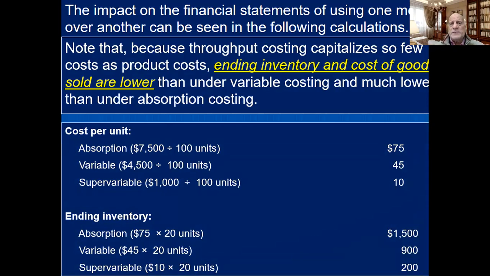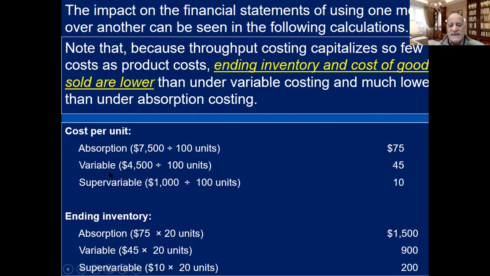Under the absorption method, the cost per unit is total manufacturing costs of 7,500 divided by the number of units produced, 100 units. So the manufacturing cost per unit is $75.